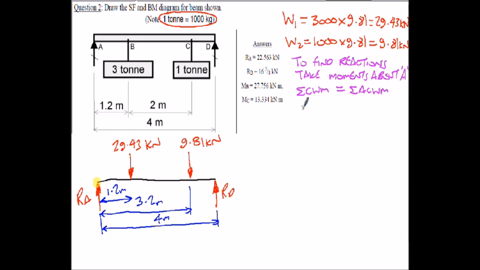So looking at my moments about A, clockwise, I would get 29.43 multiplied by 1.2 meters, and I add to that my 9.81 multiplied by 3.2 meters, and that's equal to the anti-clockwise moments. That would be RD, and that's multiplied by 4 meters in this case.